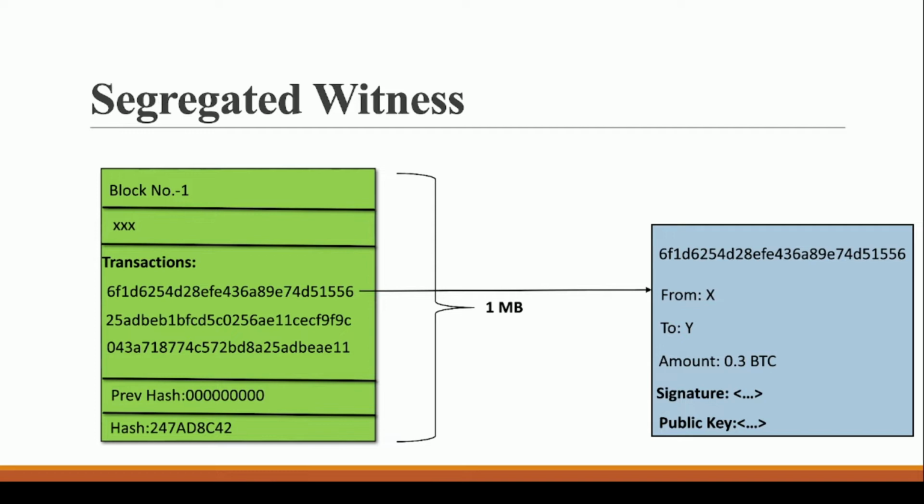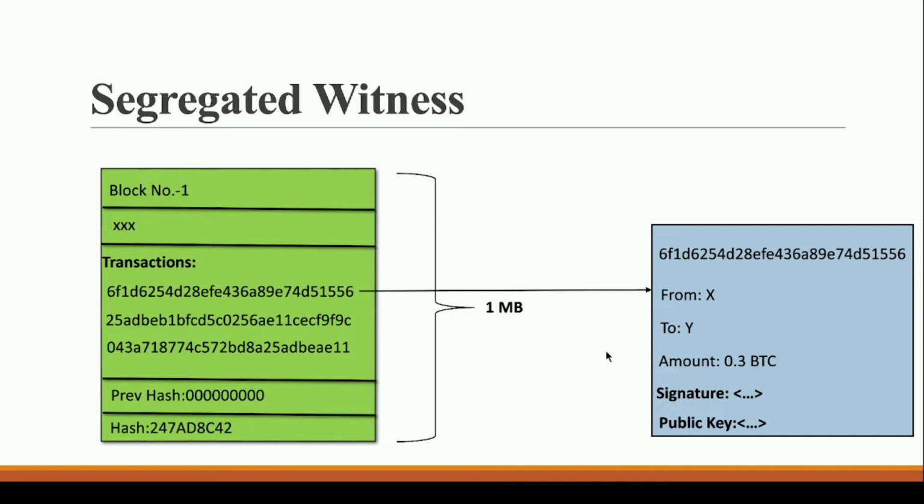As we discussed in our previous video on private and public keys, the signature and public key are required so that the other person can verify whether this transaction is actually being done by me. In this case, X is doing some transaction. So to verify whether X has actually done this transaction or not, the signature and public key are required, and we have discussed this in the previous video, right?